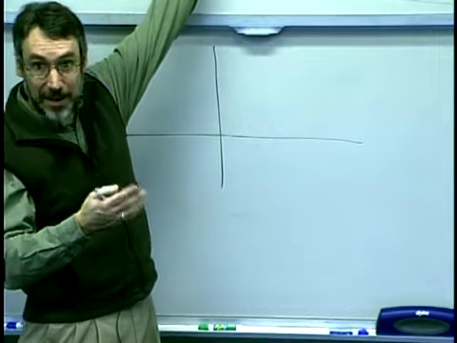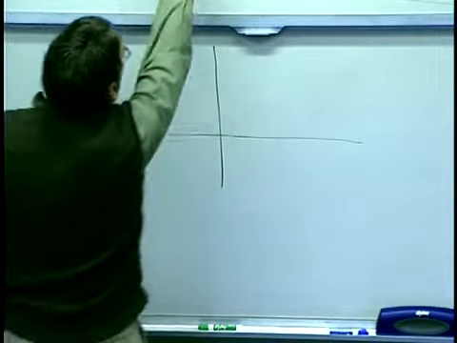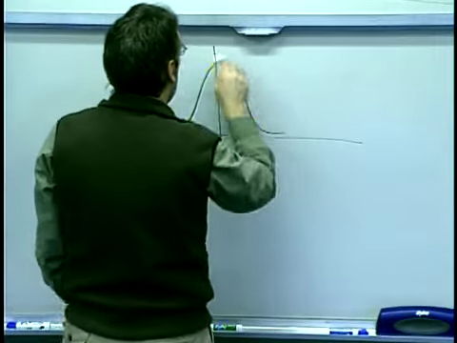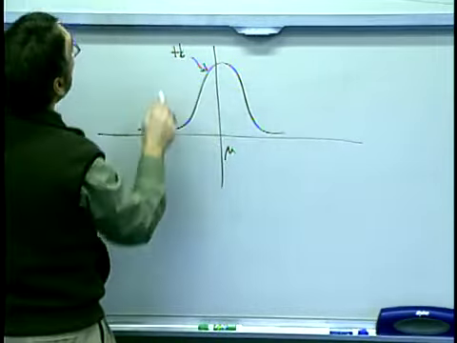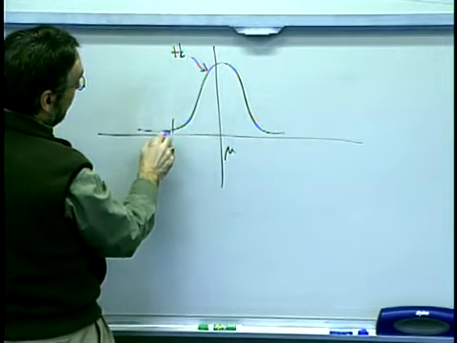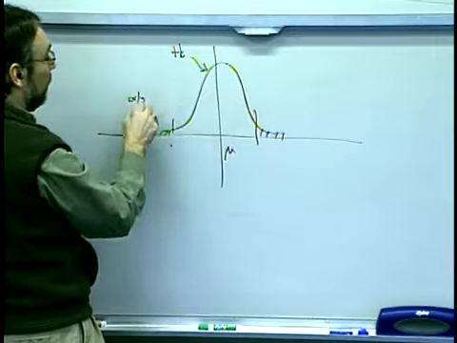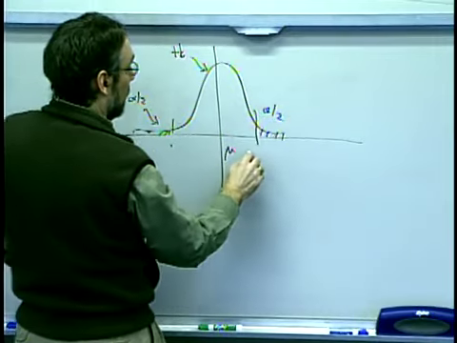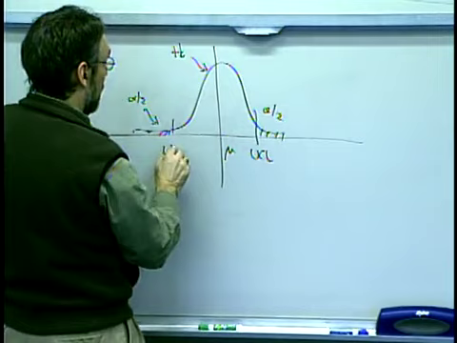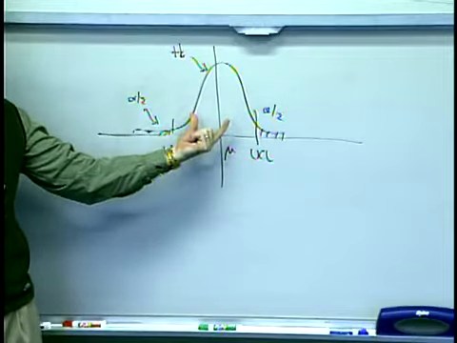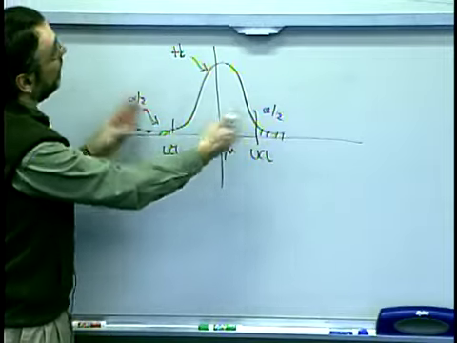Remember, H naught is really an x bar based distribution, and so that distribution will have the same mean, but it'll get tighter. So now I have an H naught, but I'm still setting my control limits based on an acceptable alpha. But the control limits will get tighter because I've got a tighter distribution.